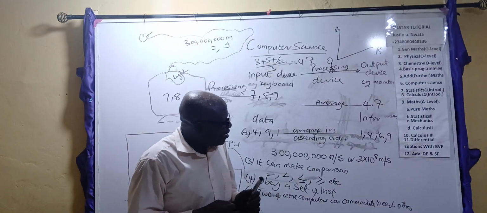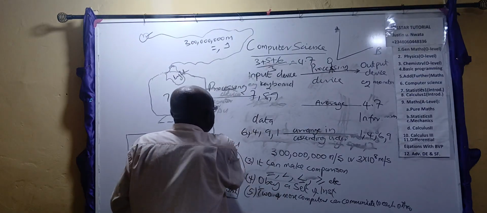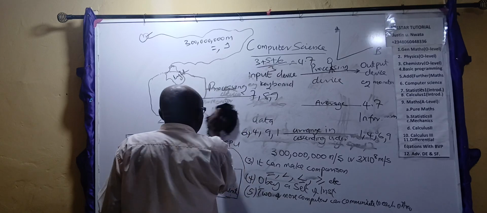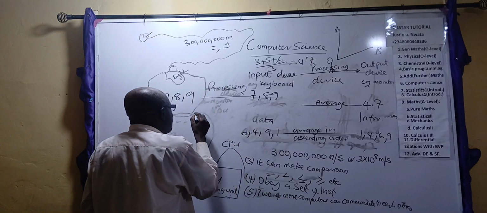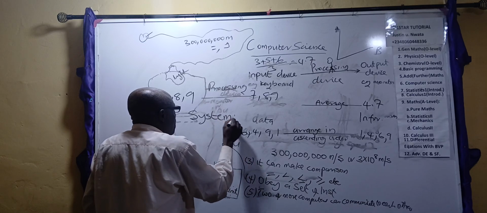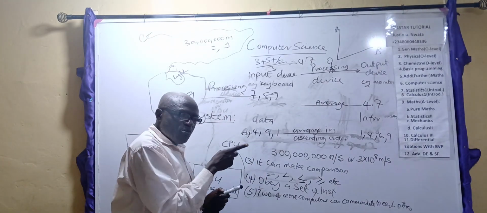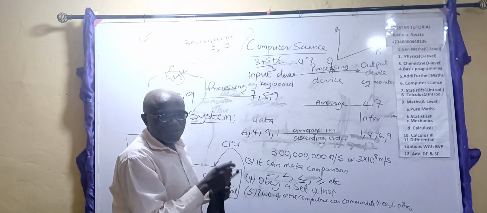This is the reason why we call a computer a system. That's a terminology you normally hear: I give you my system, he carried my system. What is a system? A system is a situation where whatever comes in must be different from what comes out.